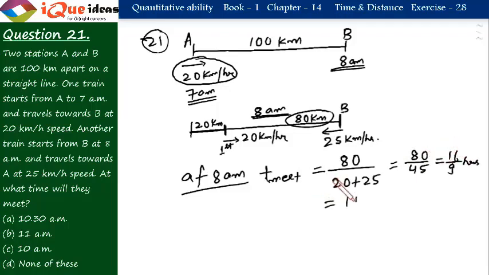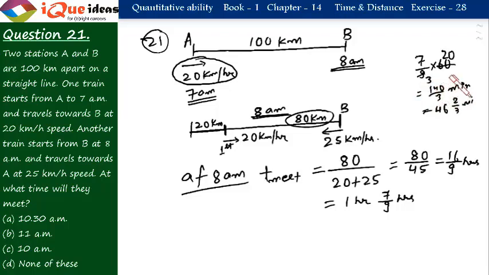That comes out to be 1 hour and 7 by 9 hours. If you convert 7 by 9 hours into minutes, it will be 7 by 9 into 60. So it cancels by 3 and this cancels 3 by 20. So it is 140 by 3 minutes, which is equal to, if you divide, 46 and 2 by 3 minutes.